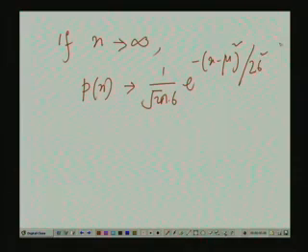Of course, this is true if the probability density of each random variable is significant. I mean, everybody has a significant presence.